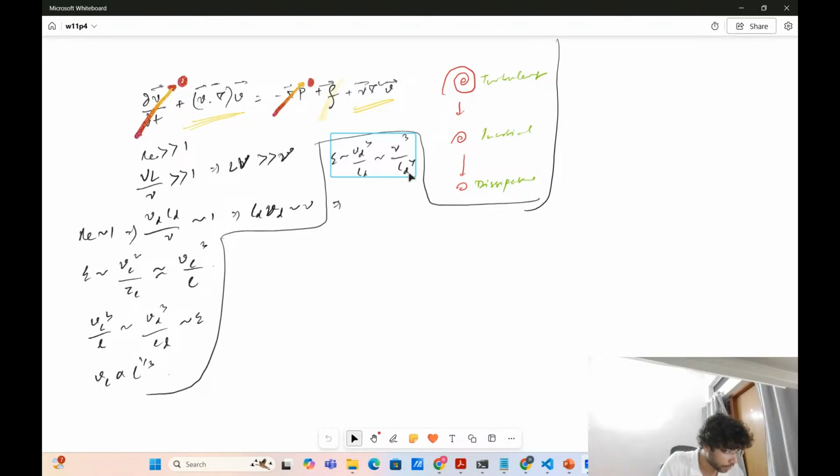So this will give you Ld proportional to nu cubed by epsilon, whole to the power of 1 by 4. And then we can obtain Vd as nu by Ld, and then putting Ld from here, we will get nu epsilon by nu cubed, to the power 1 by 4. In this case, Vd is epsilon nu, to the power of 1 by 4.